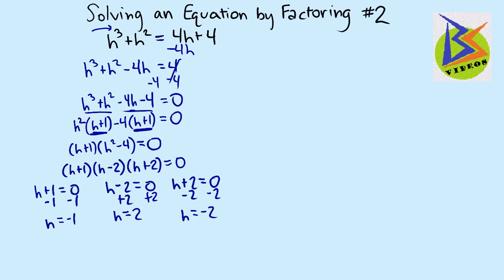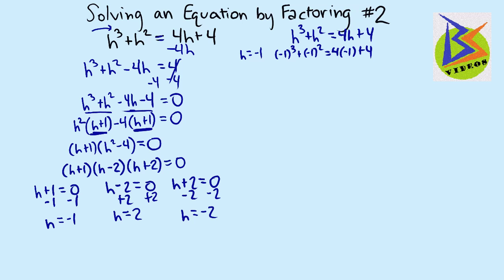Now what we need to do is come up to our original problem of h cubed plus h squared equals 4h plus 4. And we need to plug those in to make sure that they are going to create a true statement. So let's start with h equals negative 1. So we have negative 1 cubed plus negative 1 squared equals 4 times negative 1 plus 4.